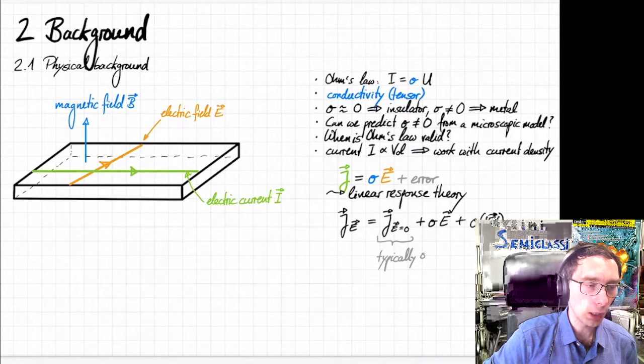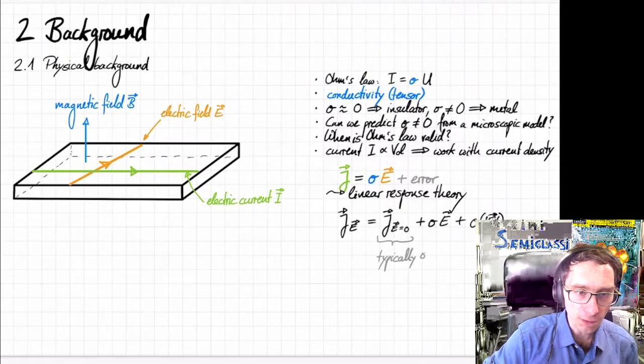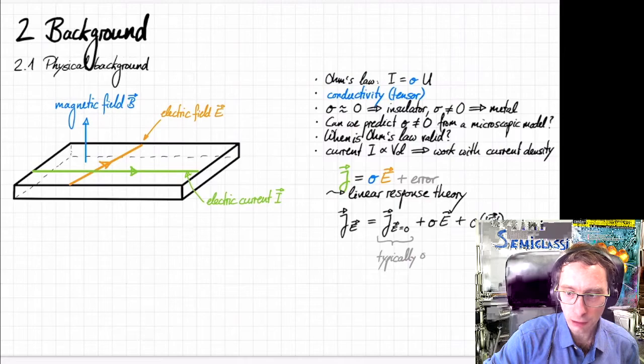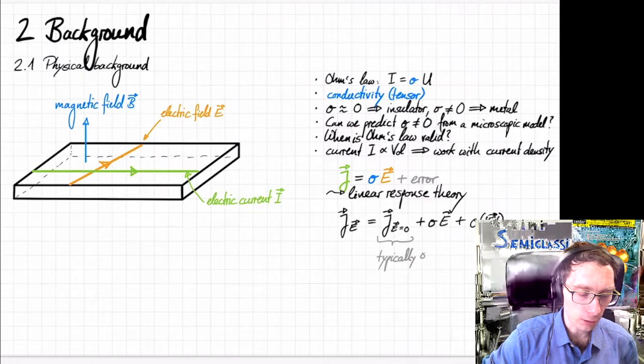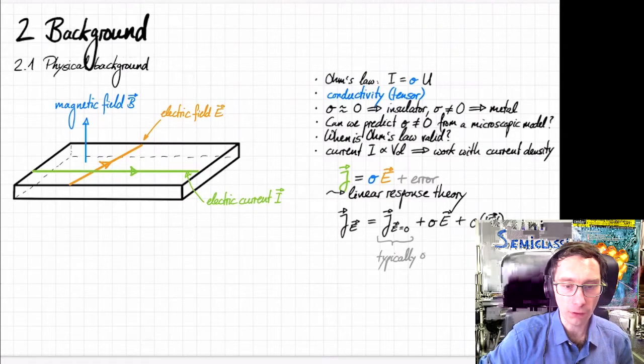So this is what you can do with rigorous linear response theory. This is not the approach I will take here. This is just to put it into context and connect what I'm saying here to the talks of some of the other participants.